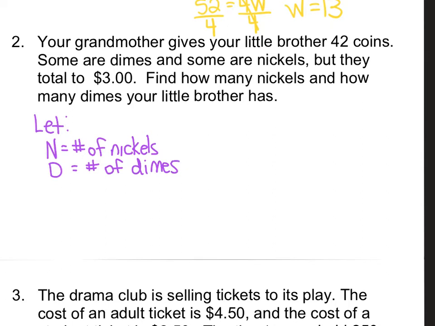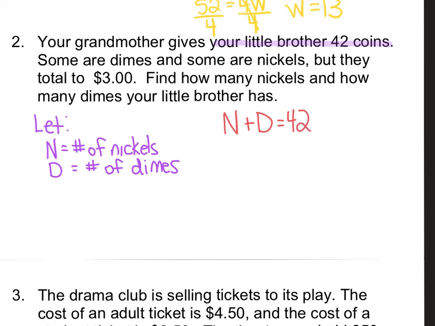The first part of the problem says she gives your little brother 42 coins. It doesn't say which one. We just know that our nickels plus our dimes equals 42 coins.